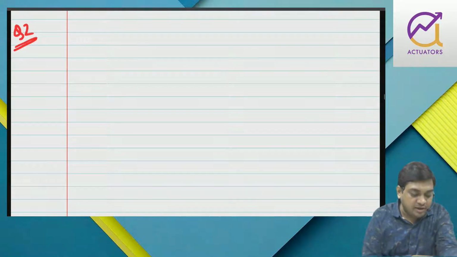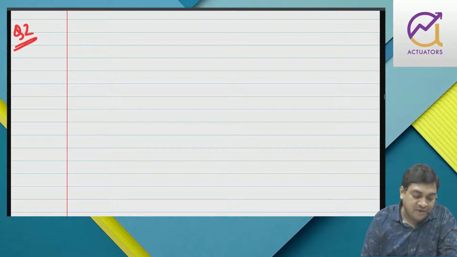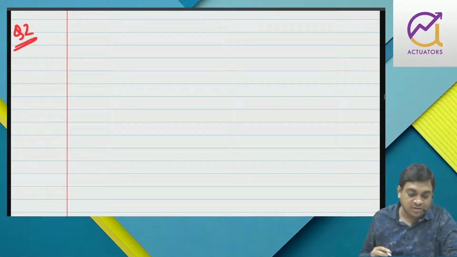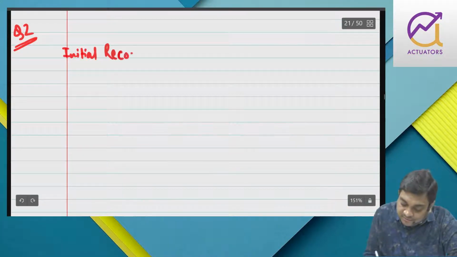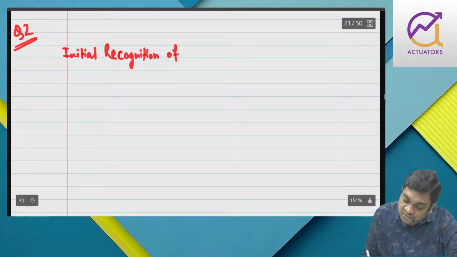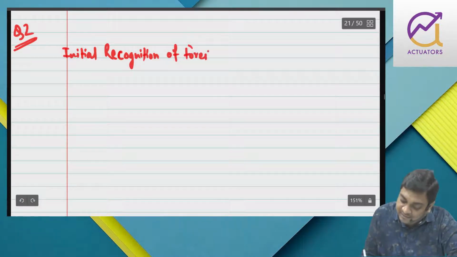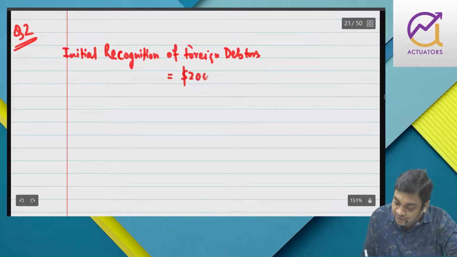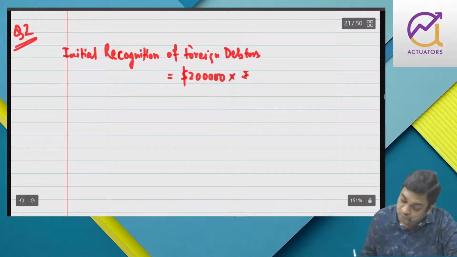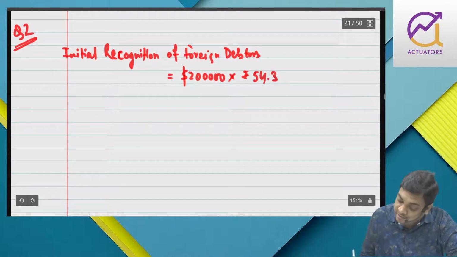Rudra Limited exported goods for $2 lakh in Feb, and that time the exchange rate was, so initial recognition of foreign debtor, it's a foreign debtor, right? That is $2 lakh into 54.38.